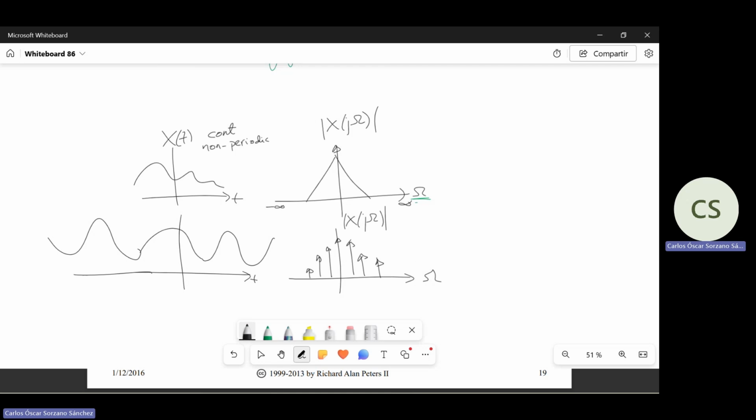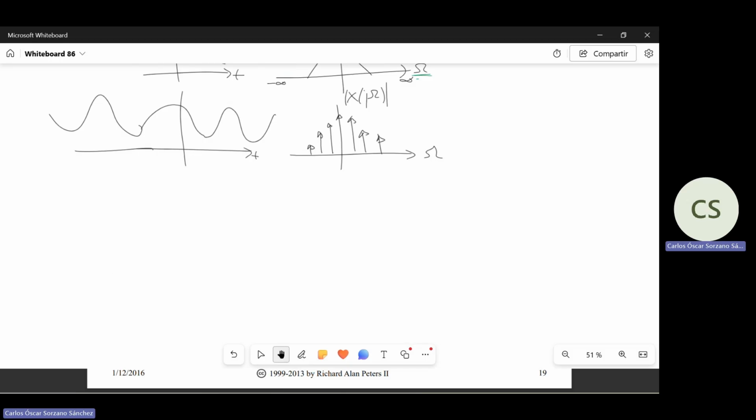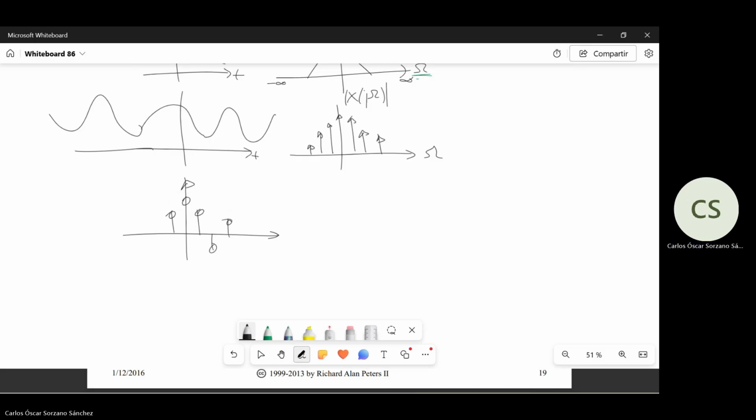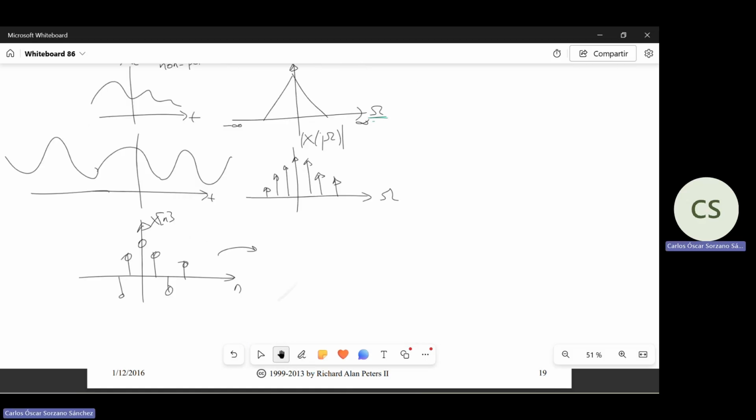Okay, now I have a discrete signal. So I have something like this, x of n. This is n. How is my Fourier transform? Now I have to define my Fourier transform, because this one we have already defined.